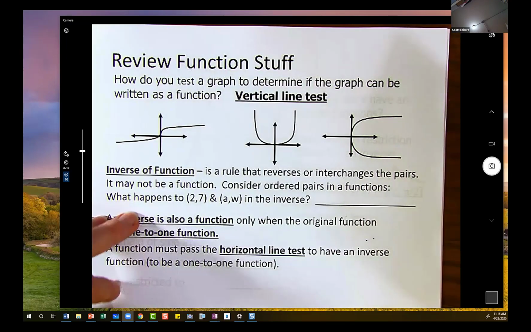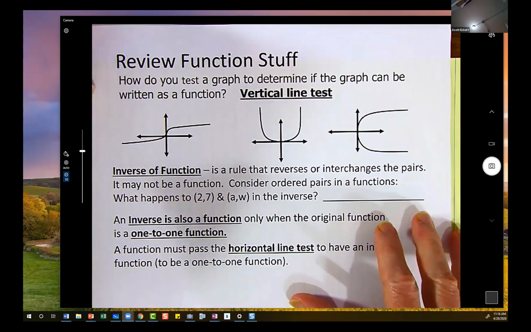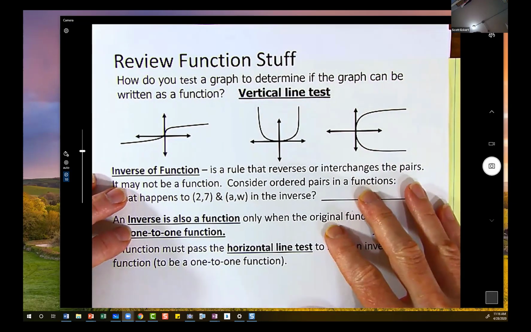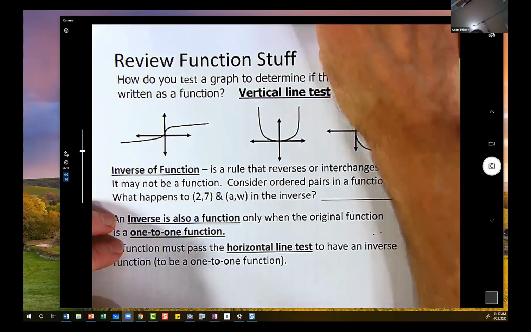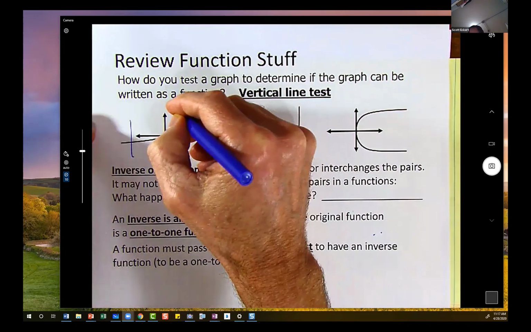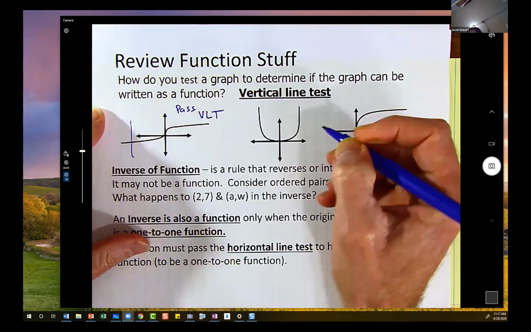So let's do a very fast algebra review of functions and inverses. When we talk about functions, we have this thing called the vertical line test. We can see this is a function, it passes the vertical line test.